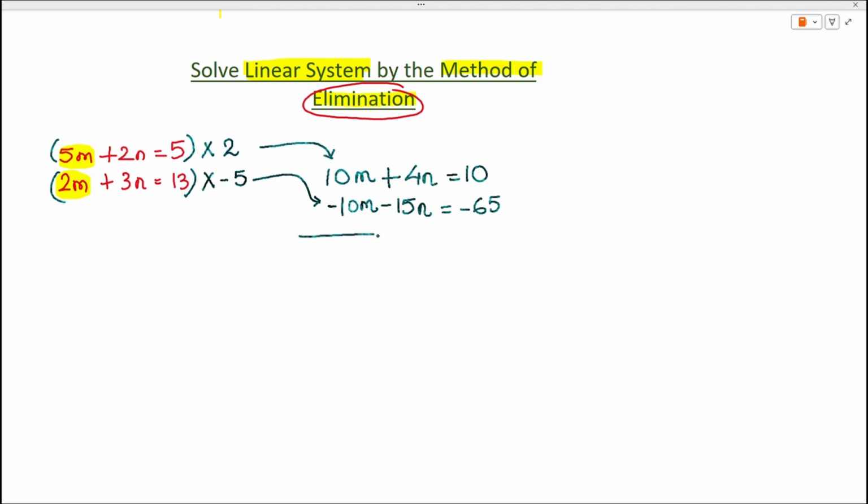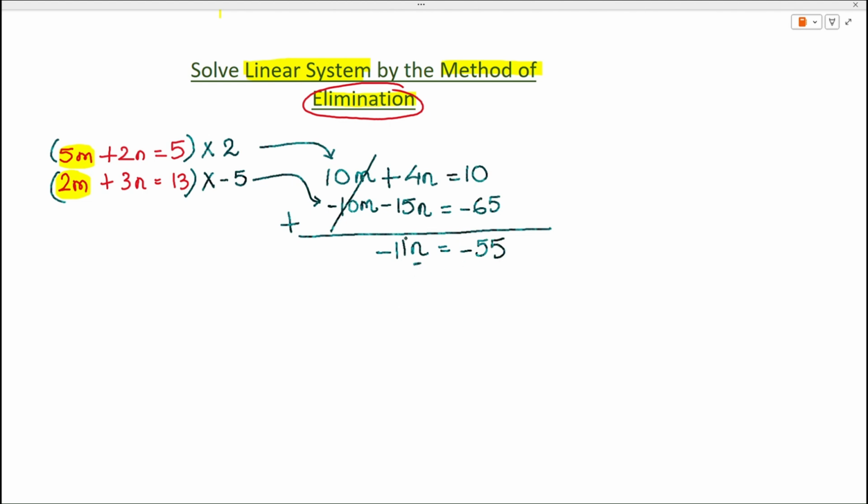Now, because the variable m has the same coefficient with opposite sign, we are going to add these two equations. When we add the two equations, 10m plus negative 10m gets cancelled out. 4n and negative 15n, when you add them together, we get negative 11n, and 10 plus negative 65 gives us negative 55.